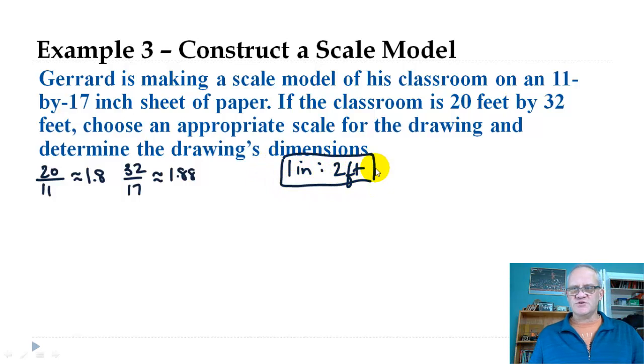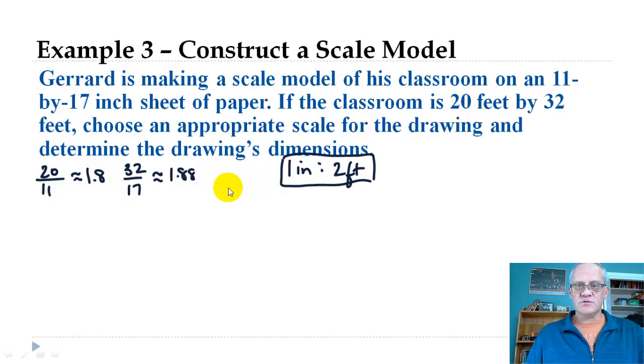So that was one thing, choose an appropriate scale, and then determine its dimensions. So if this is your scale here, 1 inch to 2 feet, then we've got the drawing. Our drawing would have to be what? If 1 inch is 2 feet, then what you're going to do is you've got 20 feet.